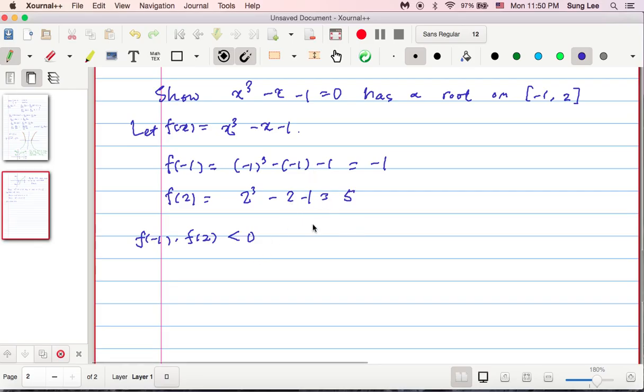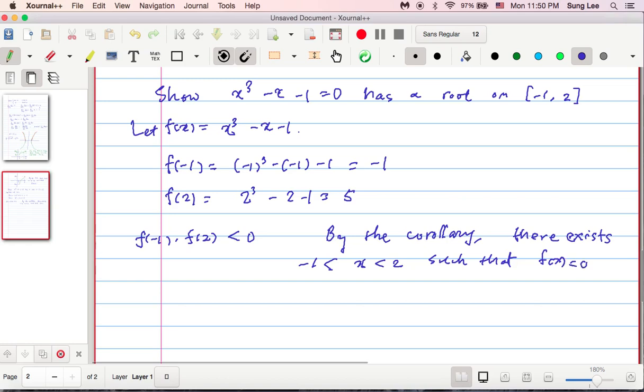So in that case, we see that by the last corollary, there exists x between -1 and 2 such that f of x equals 0.